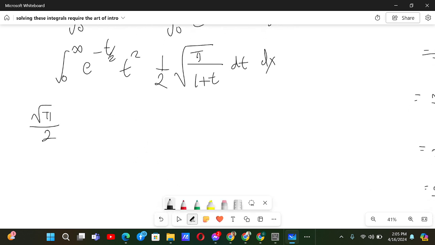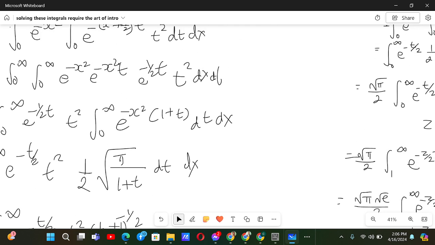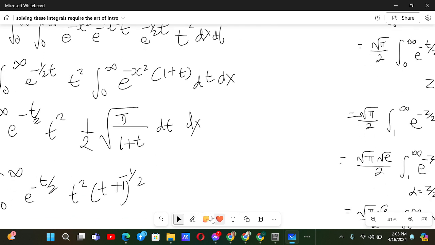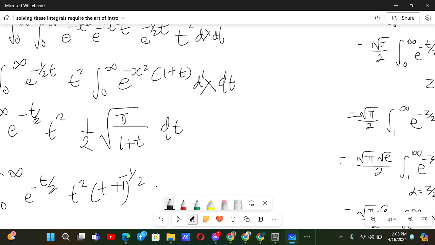Root pi by 2, 0 to infinity e to the power minus t by 2 t square t plus 1 to the power minus 1 by 2, and wait, it was supposed to be dx dt, not dt dx, and so I have messed up here and also over here. Okay, so this is basically dx dt, and here's the integral evaluated, so just dt will be there and just dt will be there.